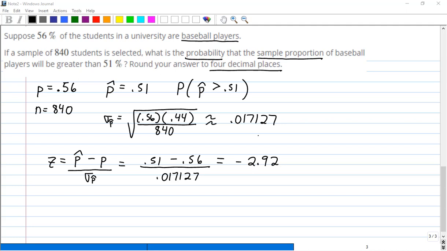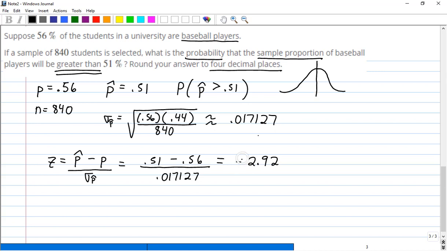This is a greater than problem. And with greater than problems, that means the area to the right. So just to show you a picture of what we're doing. Remember, the z-score in the middle is always 0.